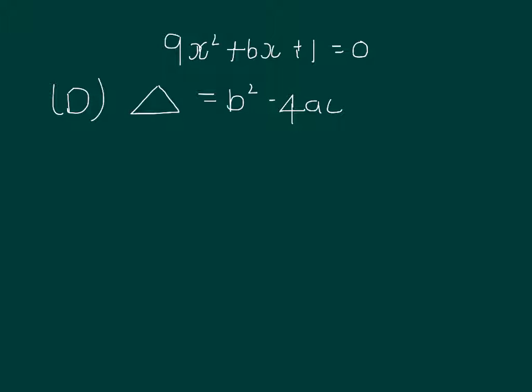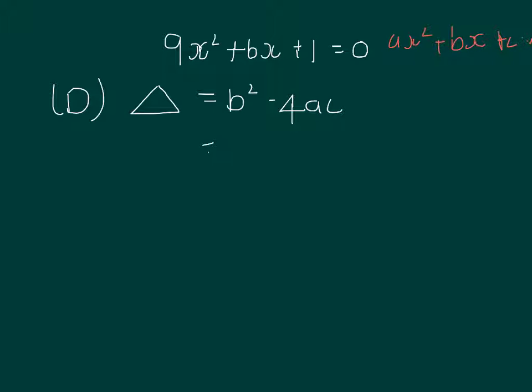So remember, if you have a normal equation, it could have been written like this: ax squared plus bx plus c equal to 0. That's going to help us find all the respective elements.